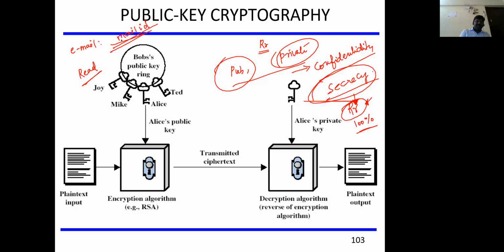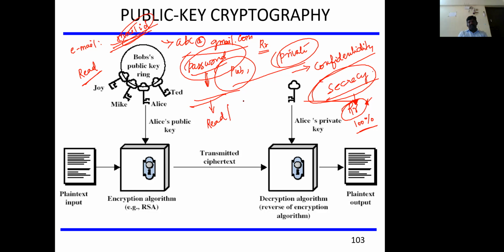The person who knows the password for this mail ID, say for example abc@gmail.com. I send a mail to this address, and only the receiver knows the password, so only he can read the message by entering the right password. By the way, this mail has achieved confidentiality or secrecy, since it is read only by the intended or actual user.